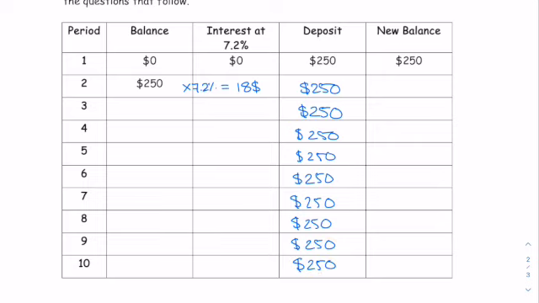To get your new balance, you're going to add your 250, your 18, and your 250 together. It'll give you 518. That 518 comes over here, and you repeat the process for every single line.